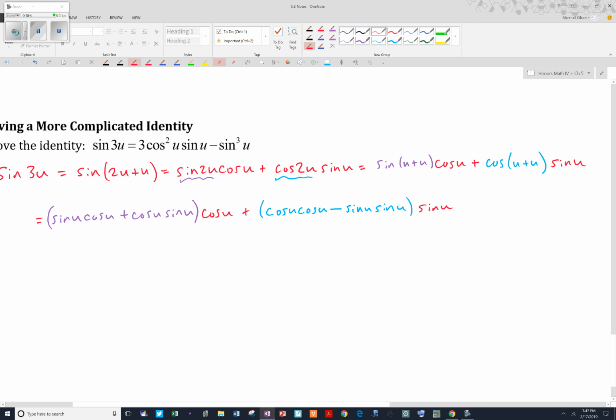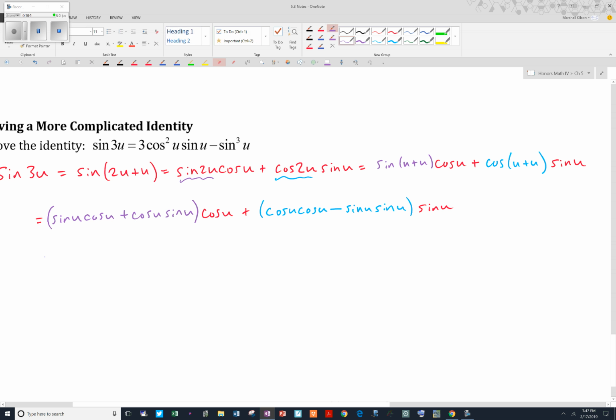All right, it's a little daunting at first, but we're almost there. So in purple here, we really have the same two things being added together, and that cosine is being distributed as well.